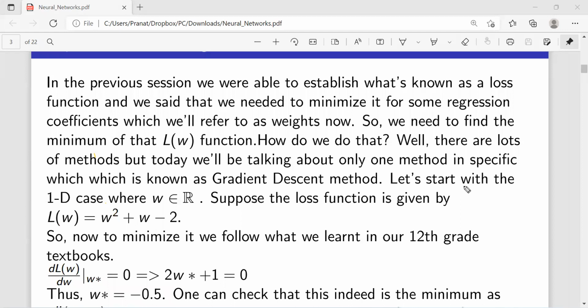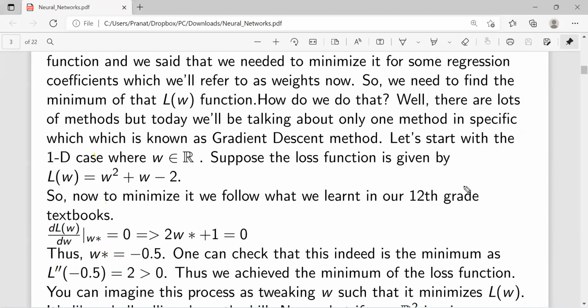So before going to gradients, let's start with a very basic example where our W, or regression weight / regression coefficient, belongs to the real numbers. It is a one-dimensional case. Suppose our loss function is given as W squared plus W minus 2, a simple polynomial function, and you are asked to minimize it. So minimizing it is quite easy.